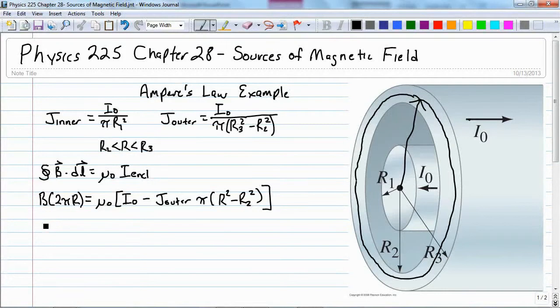Now I can solve for B. Two pi r. And notice that I can now substitute in for my J outer, and that's going to be minus I naught, and then I'm going to have pi times r squared minus r2 squared over pi times r3 squared minus r2 squared.